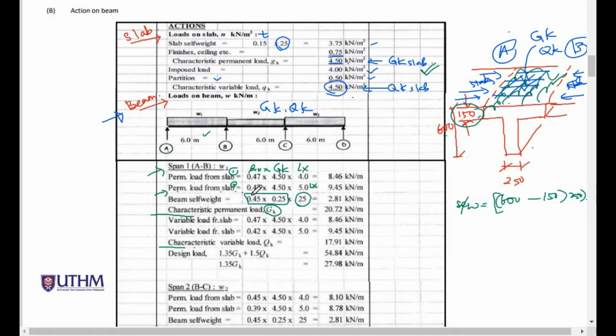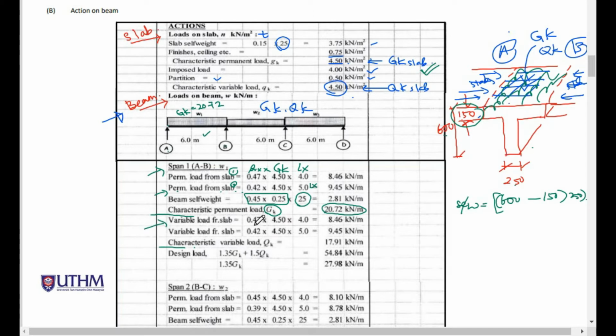So this is 4.5 multiplied with 0.25. And finally we get the total GK acting on the first slab, equal to 20.72.